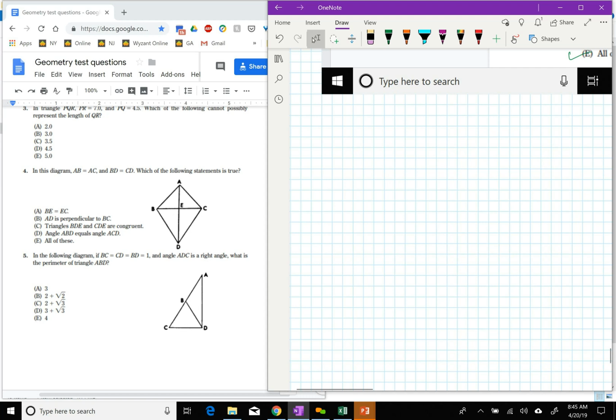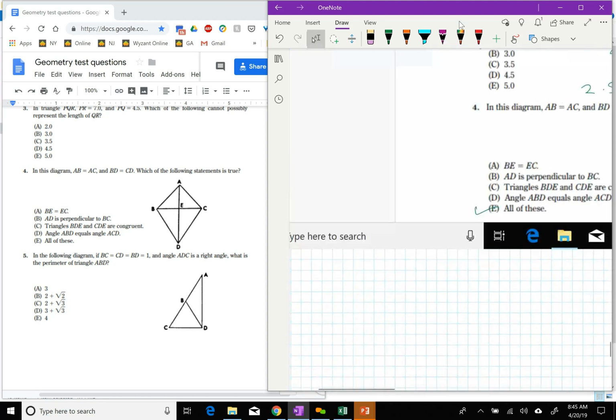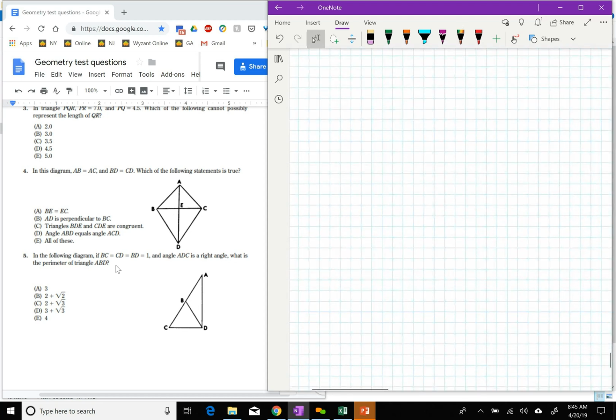I'm just confused because ADC is a right triangle and then it's cut in half, so that's 45. I don't think anything is 45.